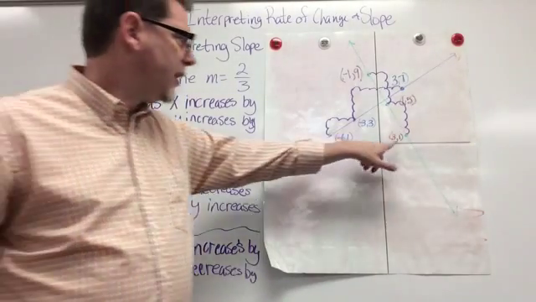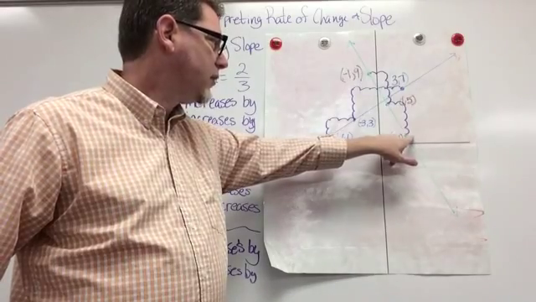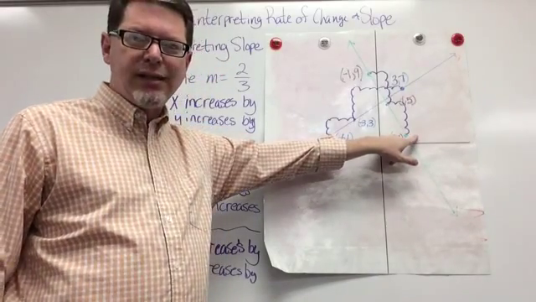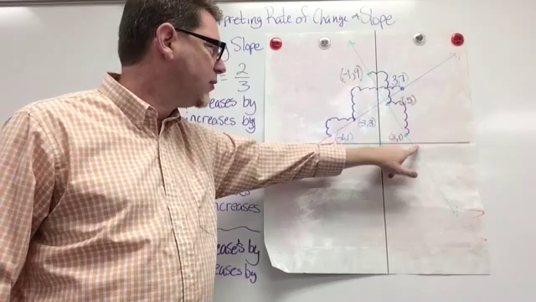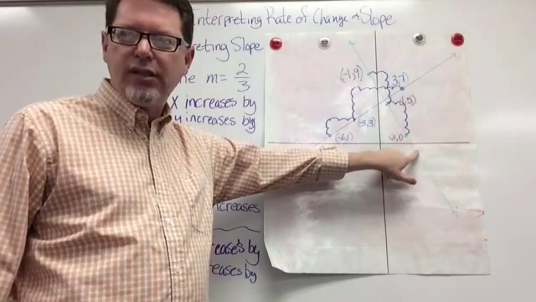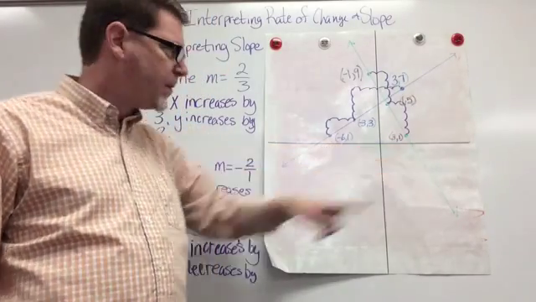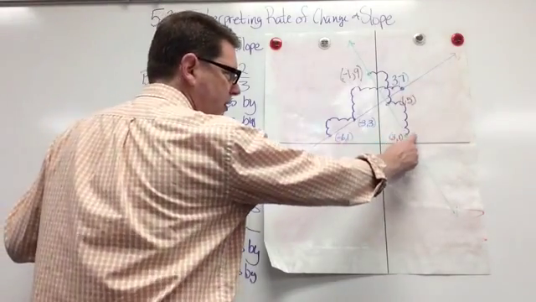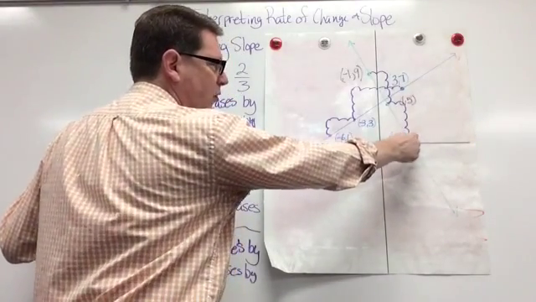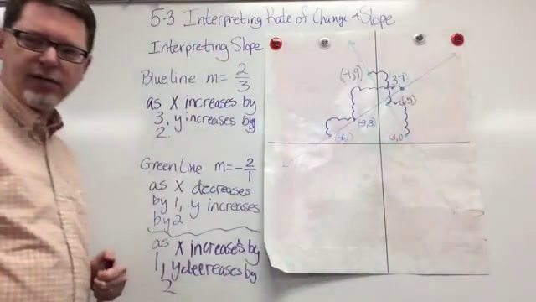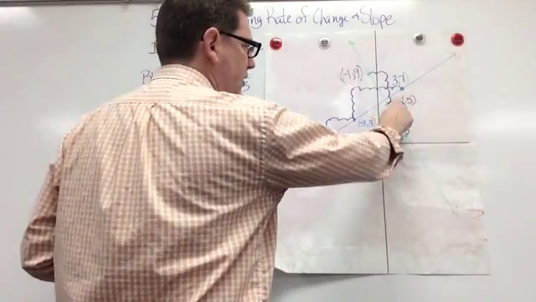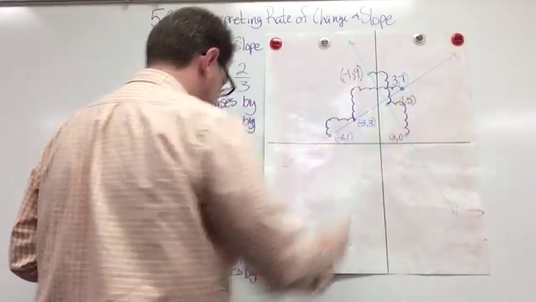So let's look at that. If I go right 1, which would be an increase in the x, then I'm going to go down 2, which is a decrease in the y of 2. So as x increases, which is moving to the right, y decreases by 2. As x increases by 1, y decreases by 2.